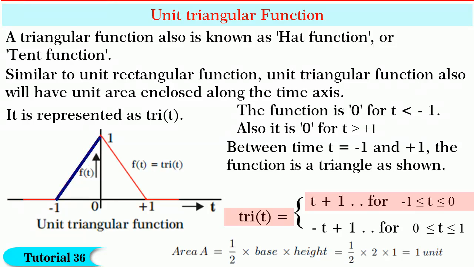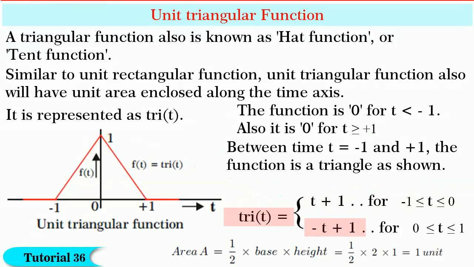If you observe the function between minus 1 second to 0, it is a straight line touching time axis at t is equal to minus 1 second having y-intercept of 1 unit. So, if we substitute t is equal to minus 1, we get 0. If we substitute t is equal to 0, we get tri of t is equal to 1.